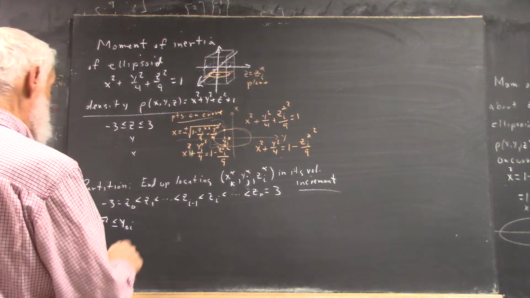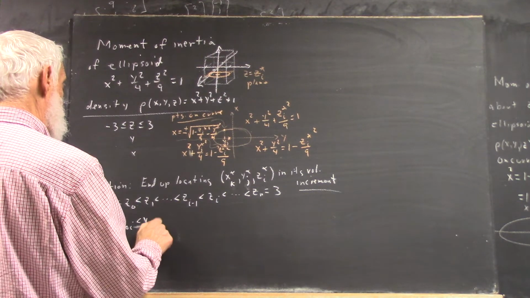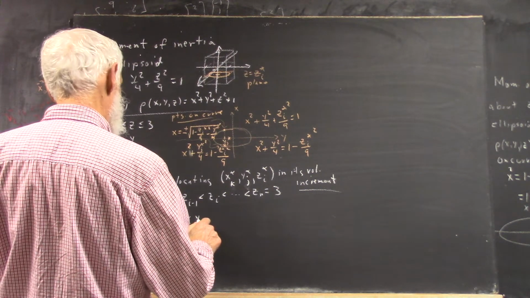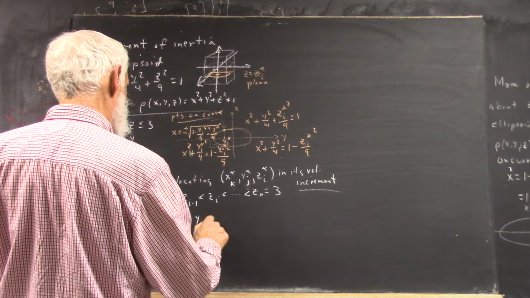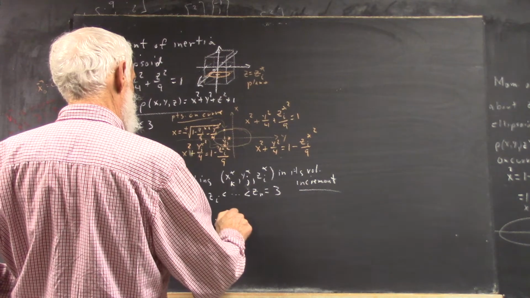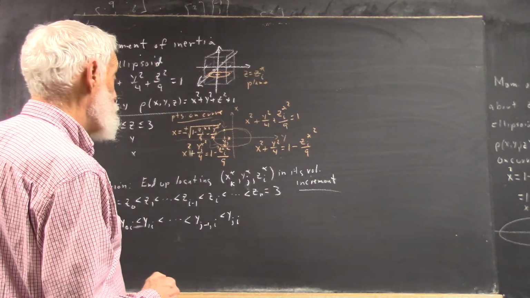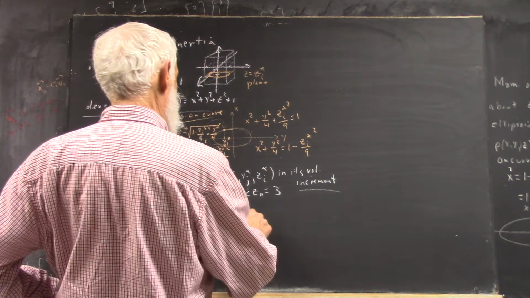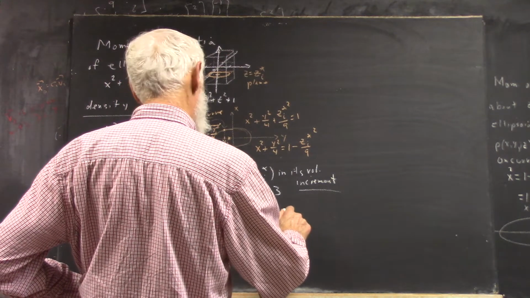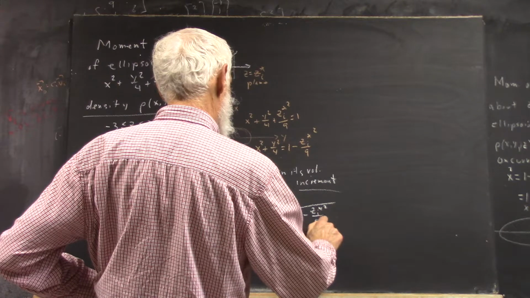Then it's going to be less than y1i and so forth, down to y j minus 1 I less than y j I, equal to 2 times the square root of 1 minus zi star squared over 9.